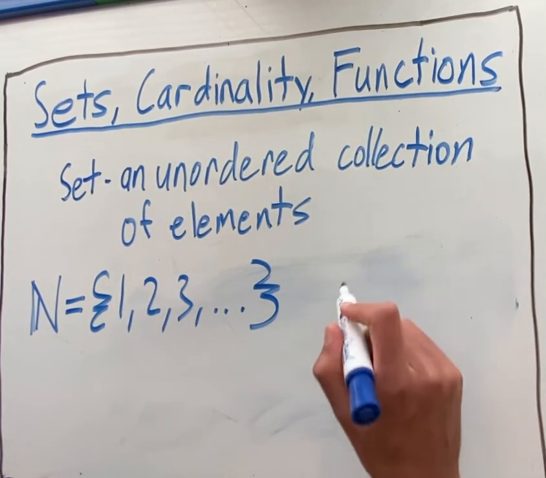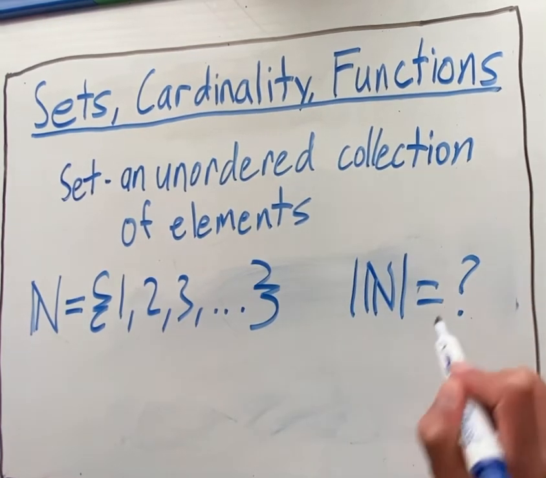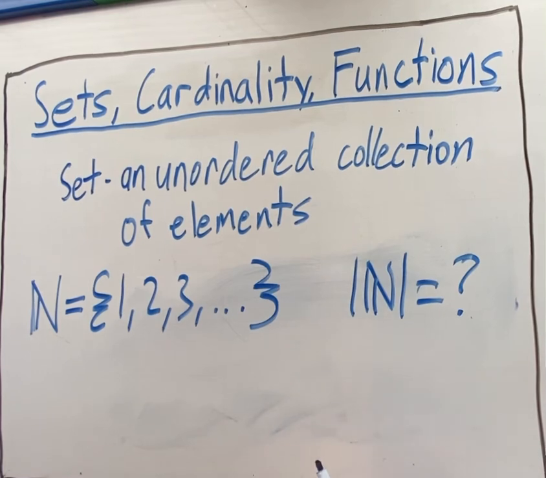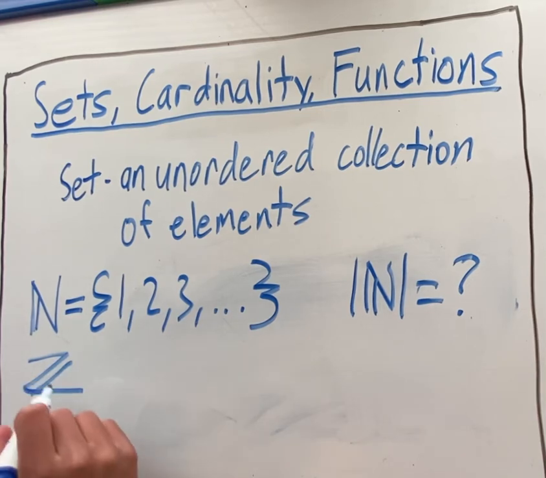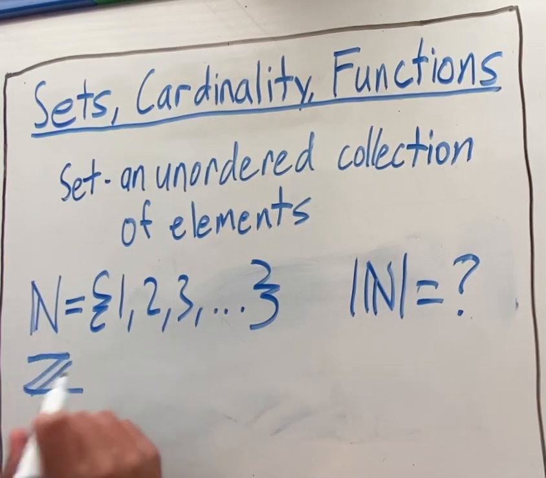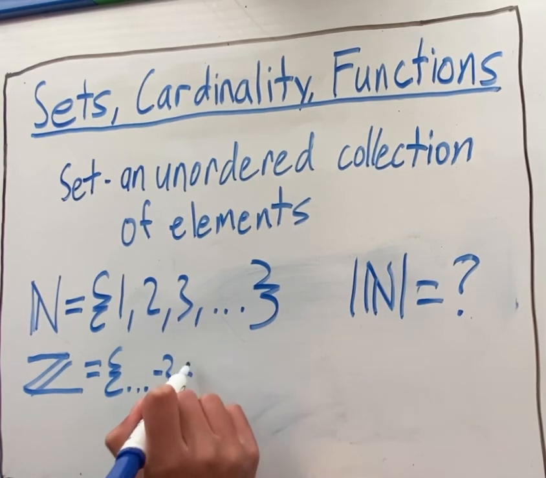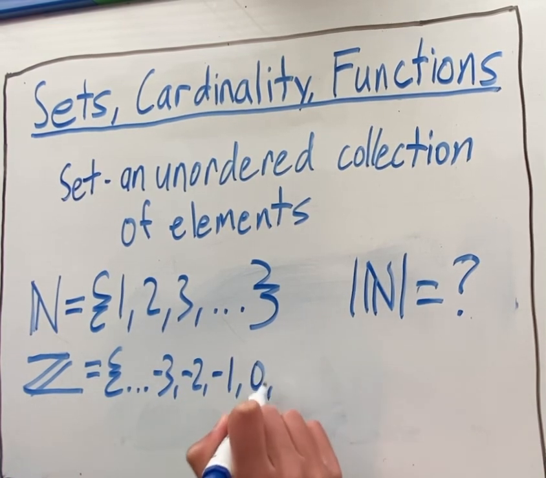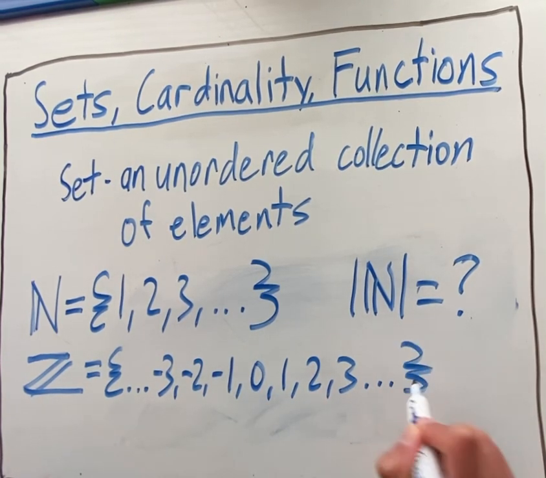So then there's the question of what is the cardinality of the natural numbers? And in some sense, it should be infinity of some sort. We will talk more about how exactly we deal with this later. But some of the other sets that we're interested in are this bold face Z, which represents the integers, which is the natural numbers plus 0 plus all the negative numbers.